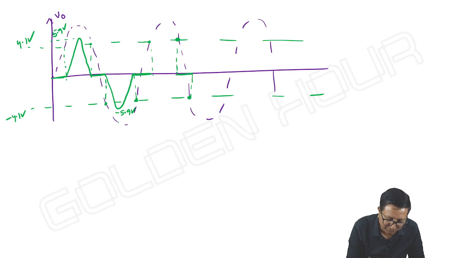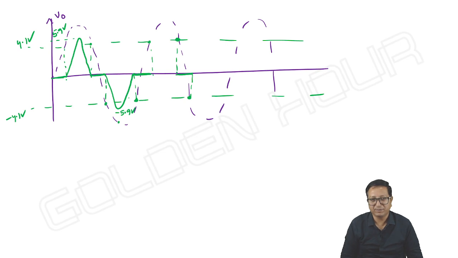When input is at its negative peak, minus 10 plus 4.1, it's minus 5.9.